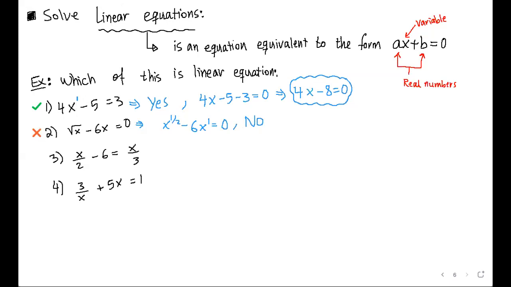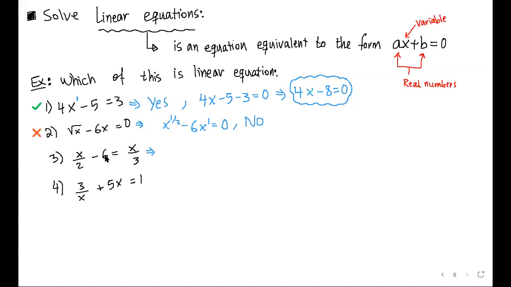Third one. Is it linear? What is the exponent for the variables here? 1. Here we have 1, and here we have 1. Here we have what? 0.